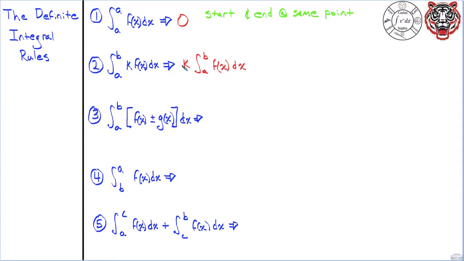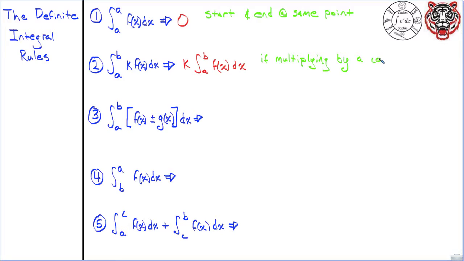So think of this k as a number, not a variable like x or 3x squared, but like a number, just 2, 5, pi, e, some number. If it's a number, you can pull it out, and we'll write that down too. If multiplying by a, instead of saying number, it's really a constant.